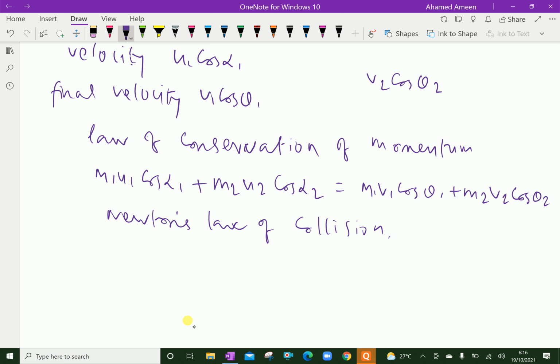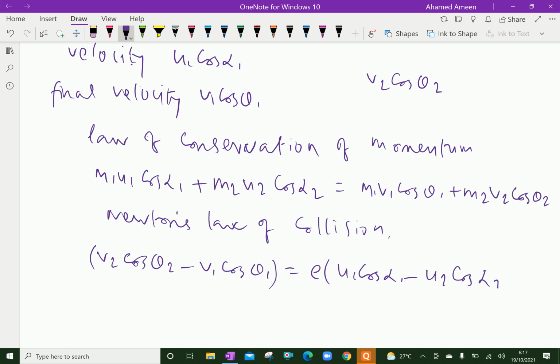We have v2 cos theta 2, the final velocity after impact of the second body, minus v1 cos theta 1 for the first body, is equal to e times u1 cos alpha 1 minus u2 cos alpha 2.